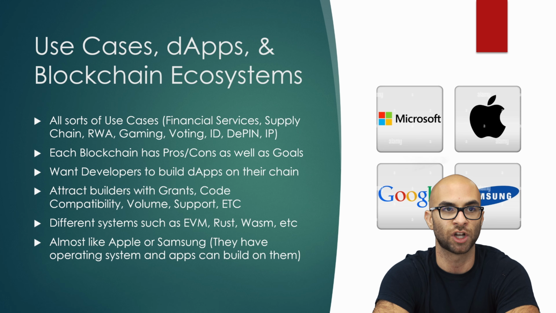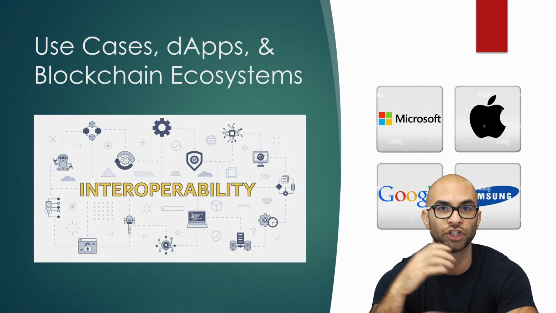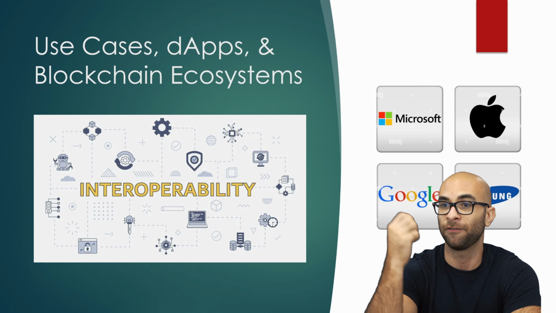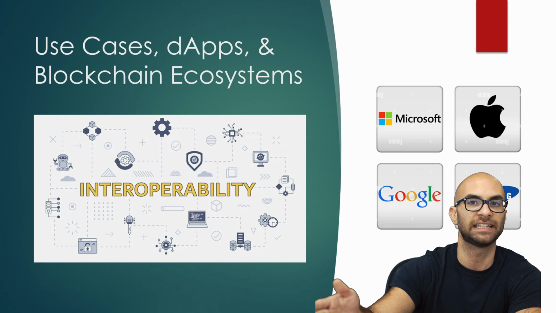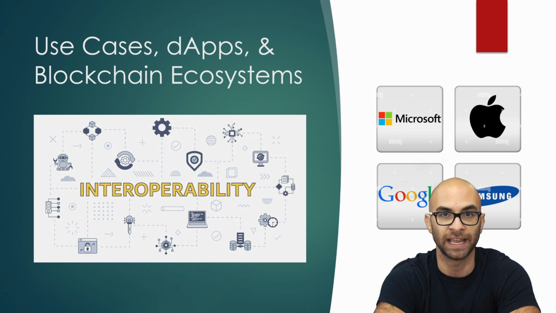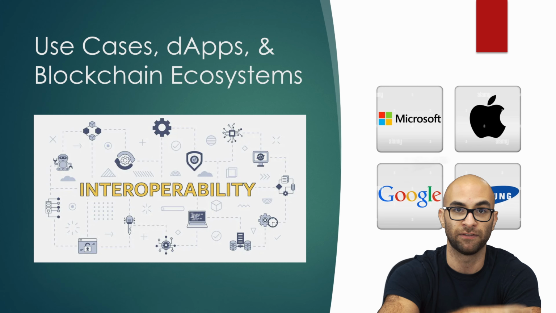So if you ever hear someone talk about interoperability, it's how easily these different blockchains can interact with each other. And if it's EVM chains, for example, such as Arbitrum, it's very easy to interact with other EVM chains, whereas something like Rust, it's not easy to interact with EVM chains.